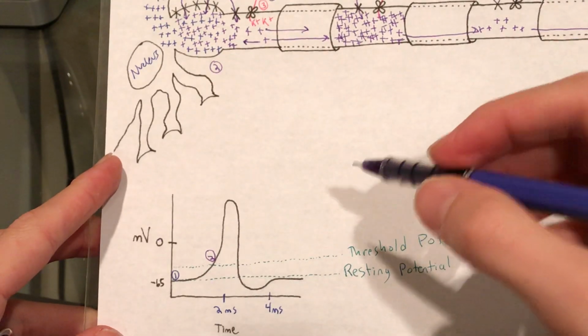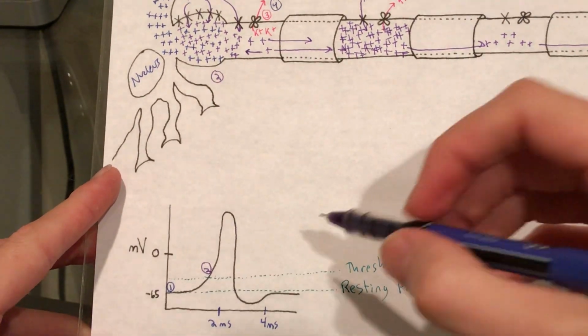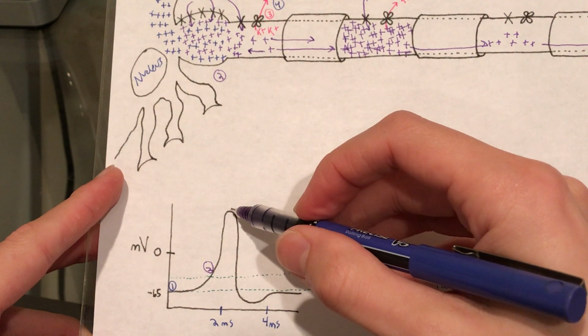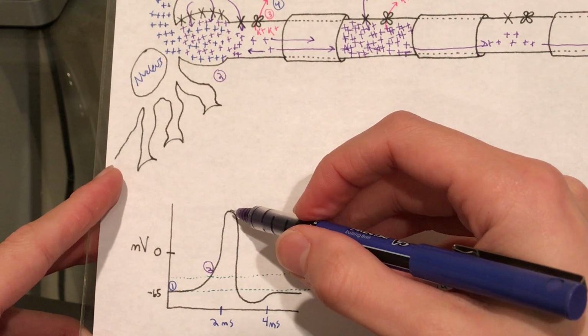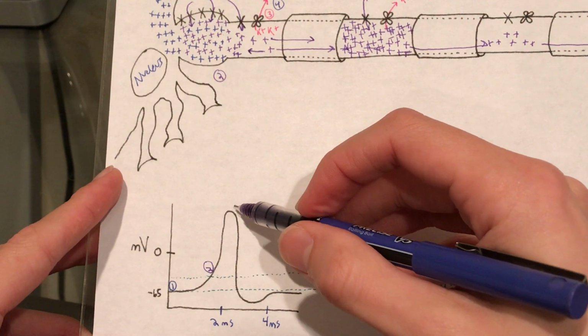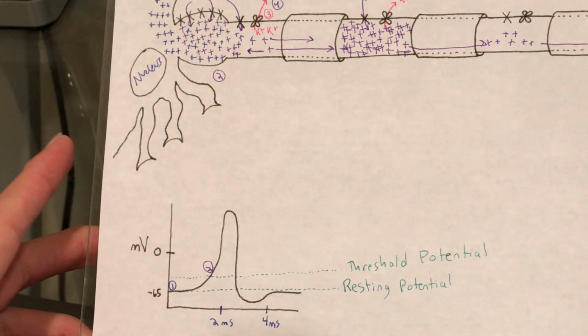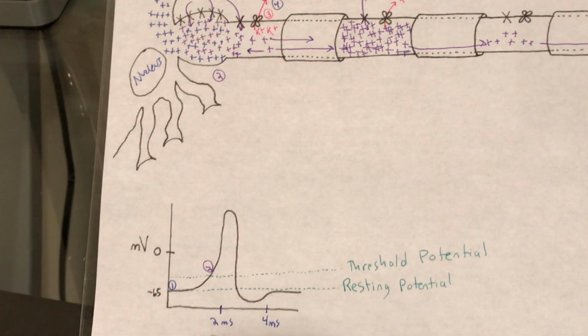So let's see, where are we? Okay, so we're now at the tippy top of this graph because the sodium influx has made the inside of the cell very positive. So step 3 starts right at the curvature here when things are going down. That is going to be when the positive potassium ions are leaving the cell.